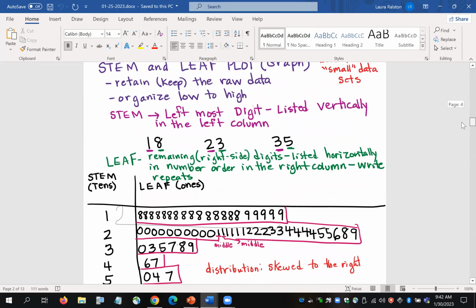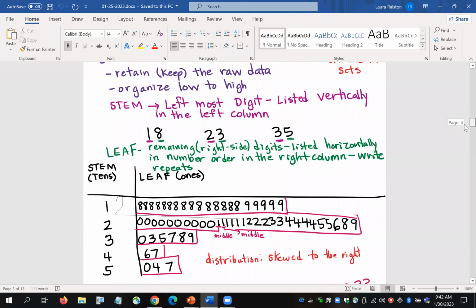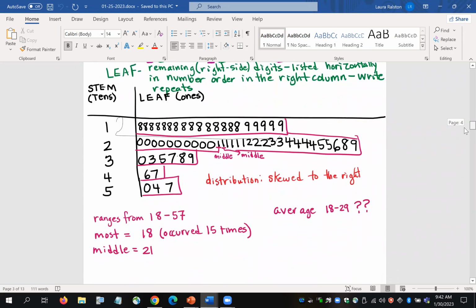We also looked at a stem and leaf plot, which is best for a small data set. We had 62 data values here, which might be too many. But the stem and leaf allows us to organize the data from low to high, and it also allows us to retain the raw data. It also gave us a sense of how the data is distributed, that it appeared to be skewed to the right with most of the data values on the low end.